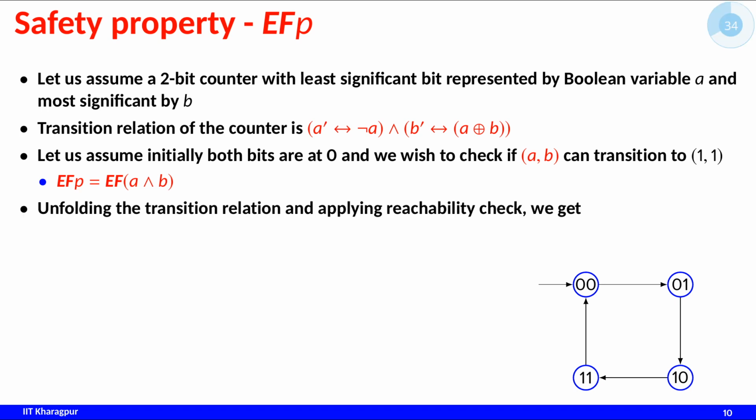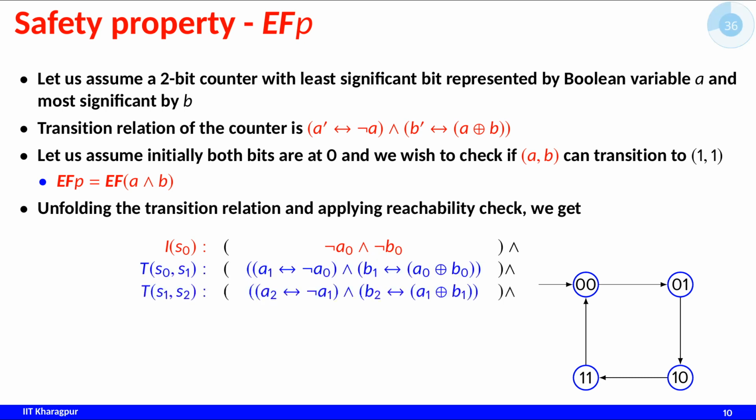So what we need to do is unfold the transition relations, and check for reachability. We said that the initial state is 0 0. So we start with the initial state, and at S0 this is held. Now we have to unfold the transition relation.